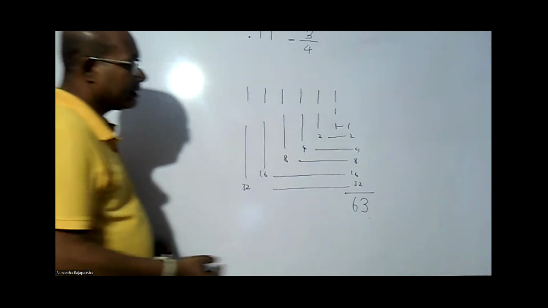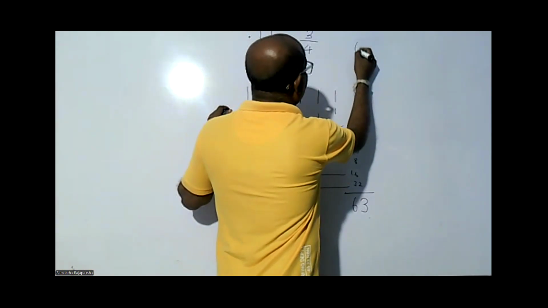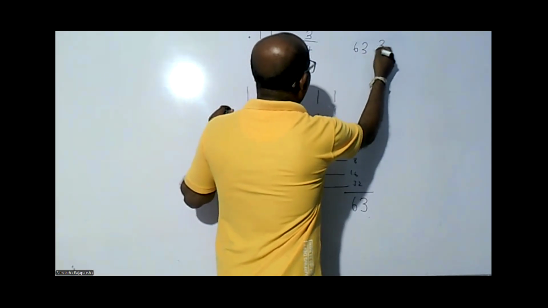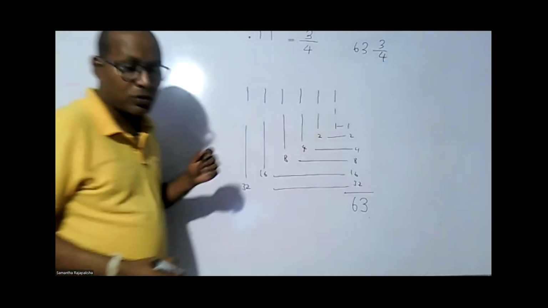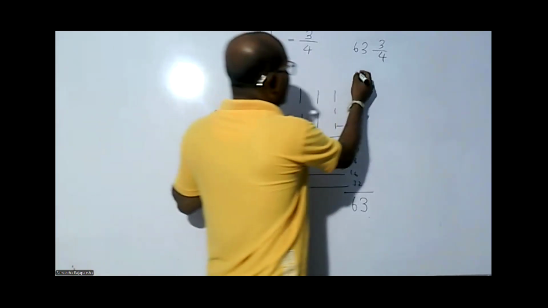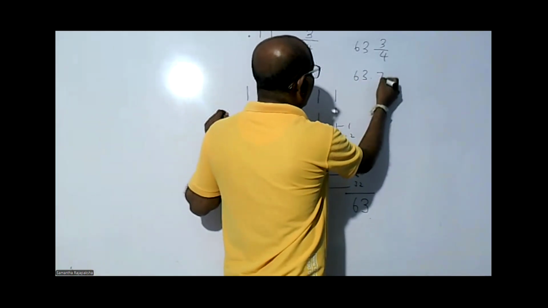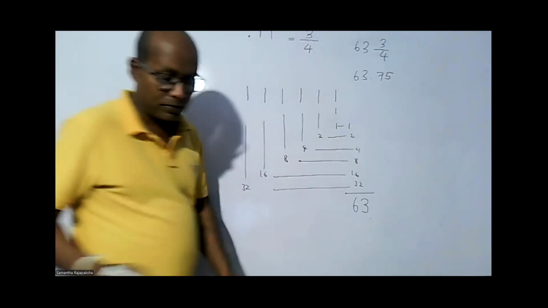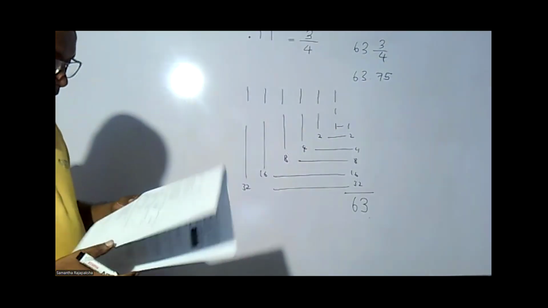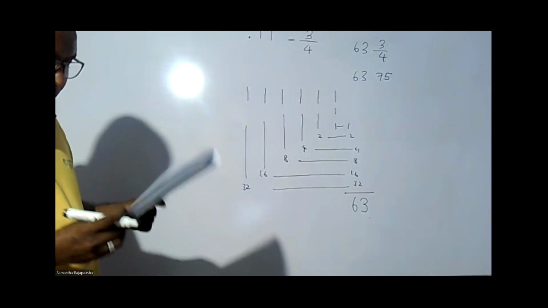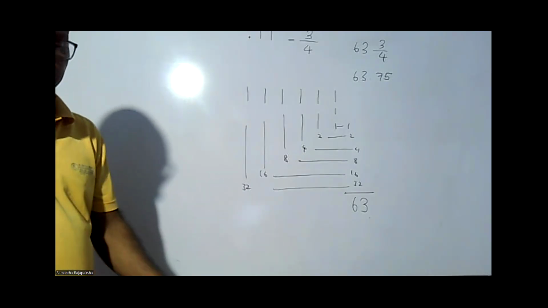The answer is 63, 3 by 4. That means 63 point 3 by 4, which means 75. So 63.75 is the answer.